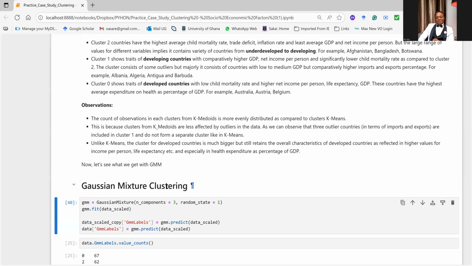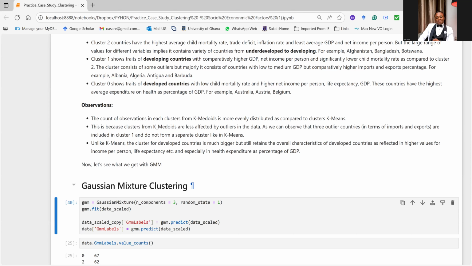It comes from the word normal distribution of Frederick Gauss. There's a model known as the Gaussian mixture model. It's a probabilistic model. So the Gaussian mixture clustering is basically based on a mixture of several normal distributions. Each of the several normal distributions represents a cluster.